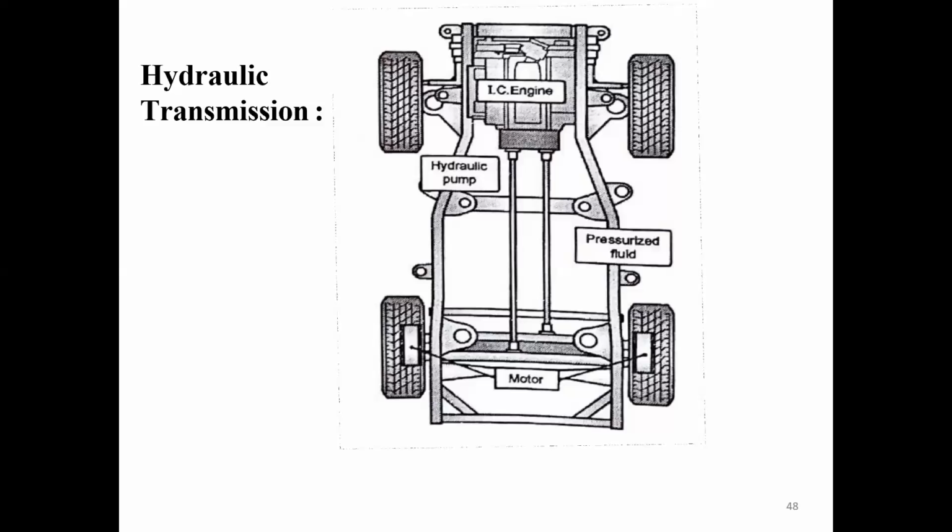You know, while driving any two-wheeler or four-wheeler, you need to change the gears if there is a mechanical power transmission system, but this concept is completely eliminated under the hydraulic transmission system, where gear engagement and disengagement is not required.